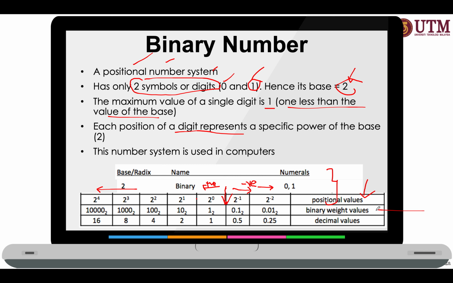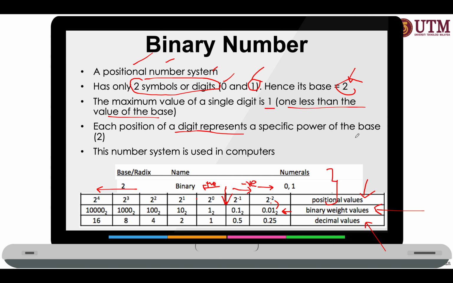And then about the binary value and also the decimal value over here, when you convert, you need to multiply the numbering there by the weight of the value.